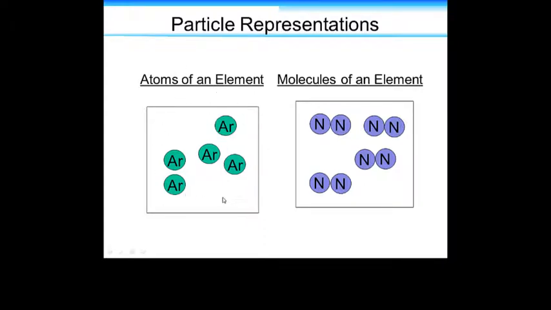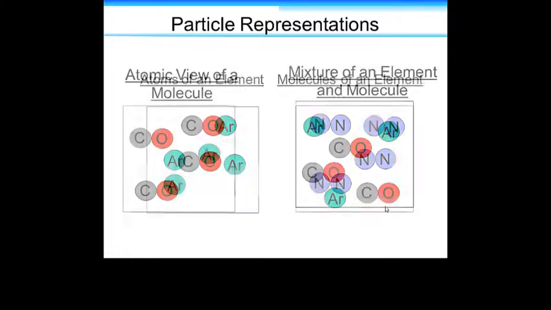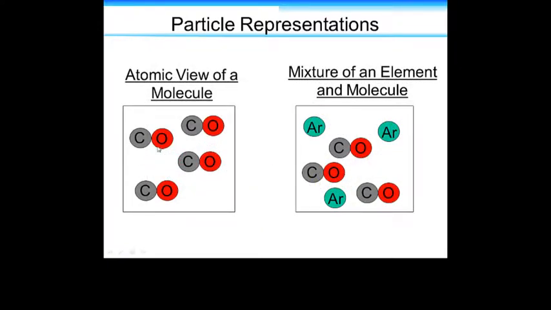Here's maybe argon gas in a container. Argon is one of the noble gases. Then here are some molecules of an element. Nitrogen bonded to itself in nitrogen gas. Then here we have a molecule with two different elements, carbon monoxide, a deadly gas that we'll talk more about, and we've talked a bit about already.